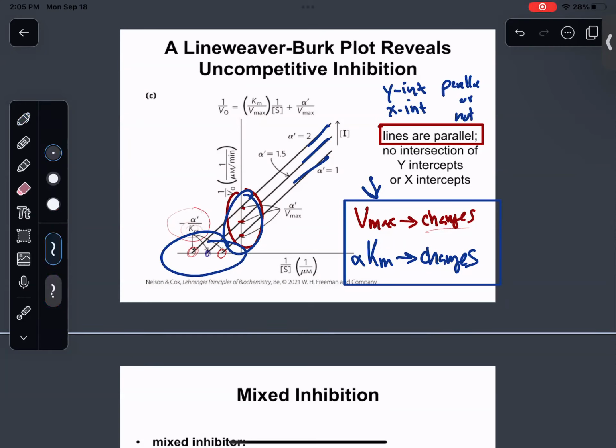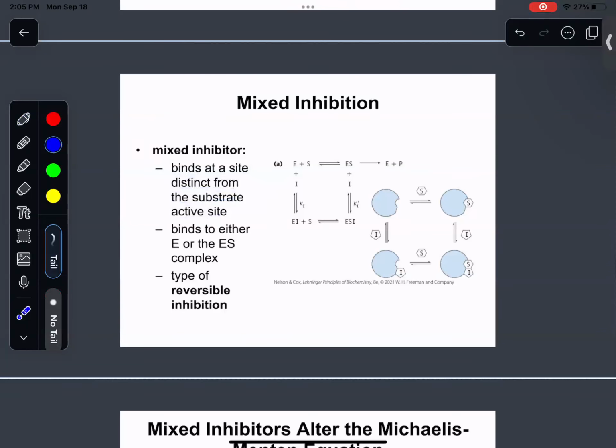Yeah, good. Let's jump on into mixed inhibition. A mixed inhibitor binds at a site distinct from the substrate active site. Interesting. Okay, we'll keep that in mind. It binds to either the enzyme or the enzyme substrate complex.